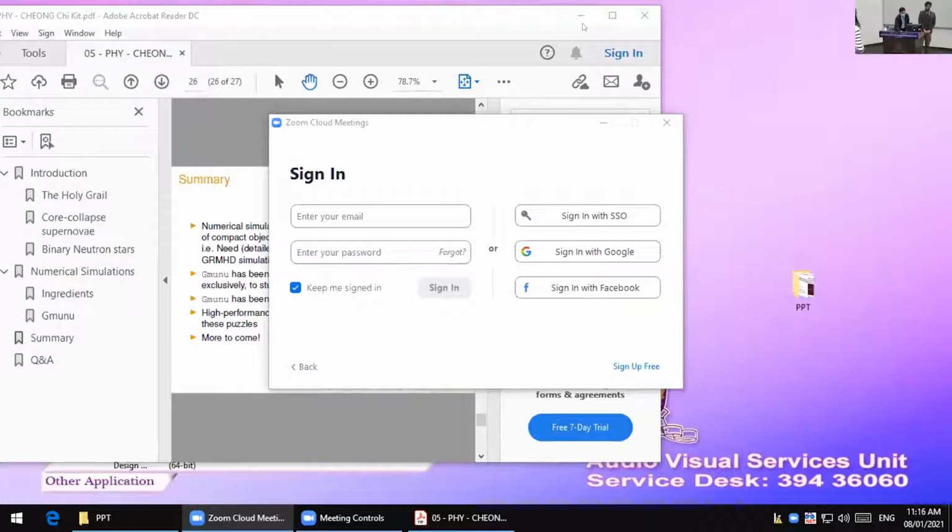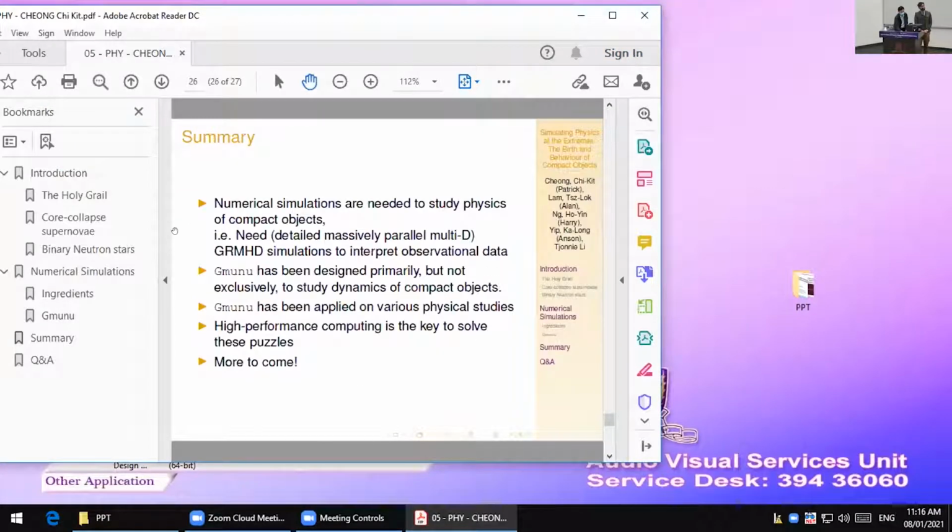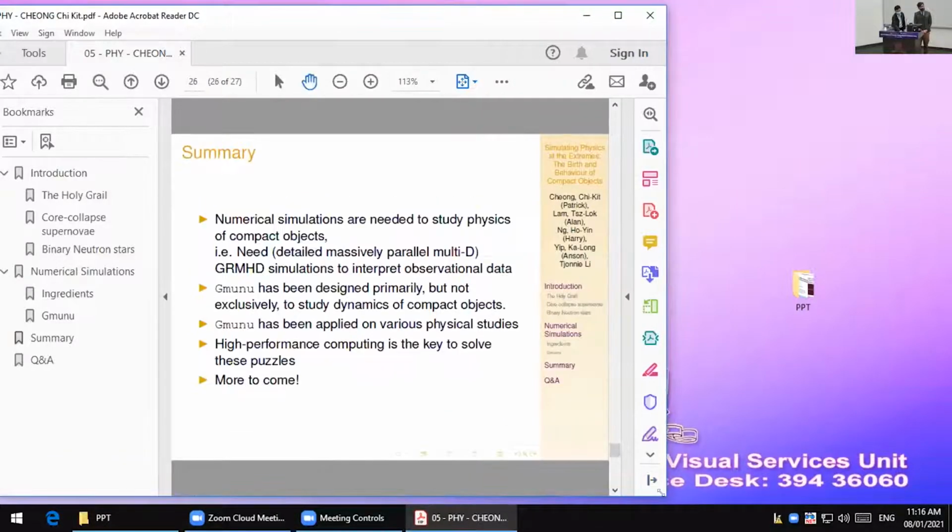Okay. I have a question, maybe it's more of a clarification. When you mentioned the binary neutron star, are these stars really made mostly of neutrons? The binary neutron star you mentioned. Okay. This actually goes back to the very beginning of my slides, about what a neutron star is made of.